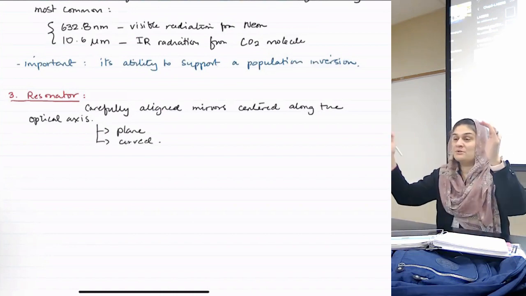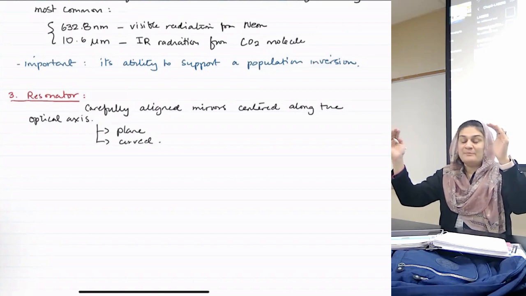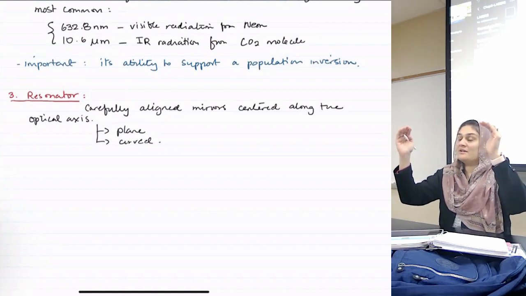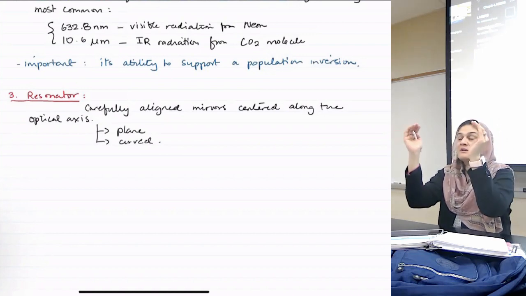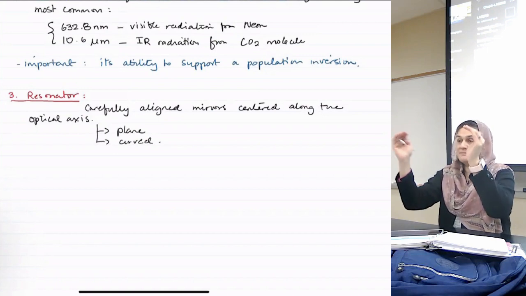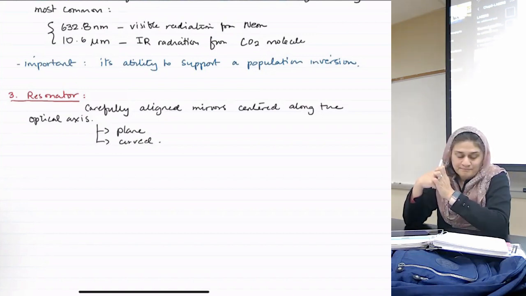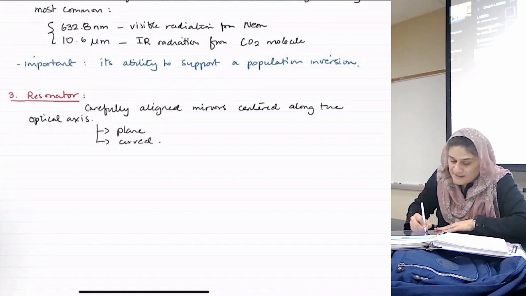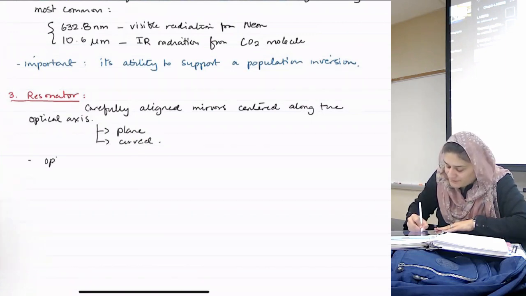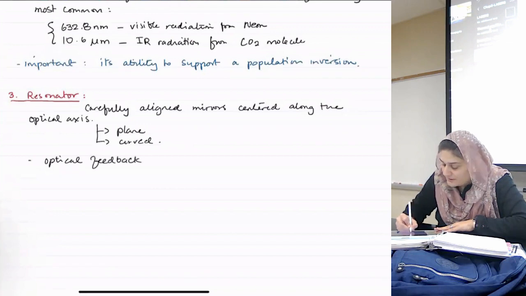They just have to be 2. They have to be very carefully placed such that the distance between them carries the number of modes we want. These are also called optical feedback devices.